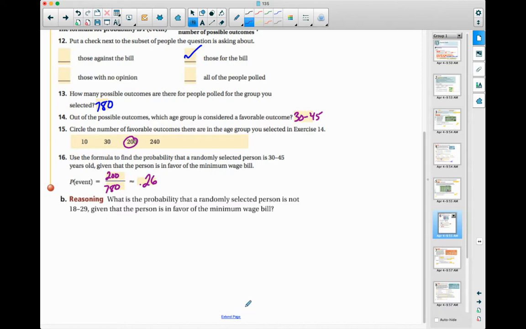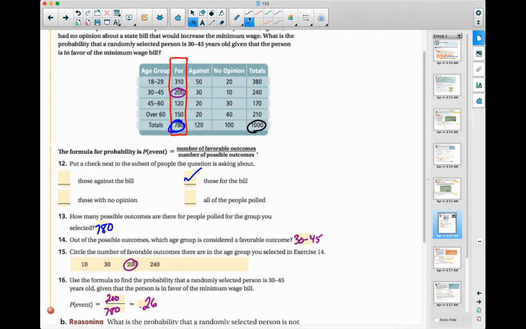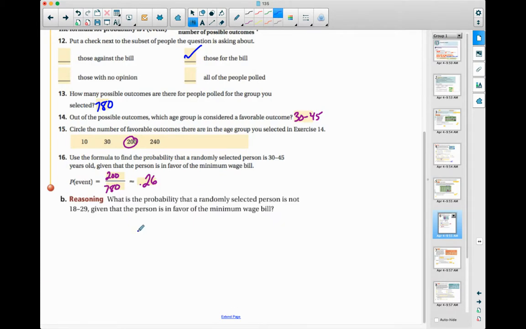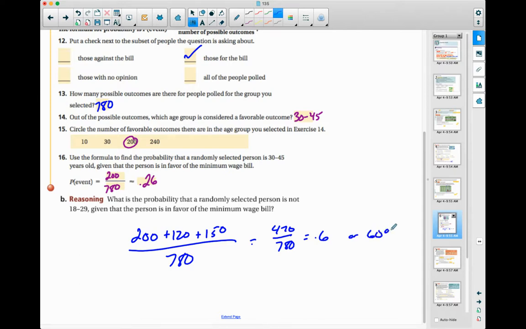So I'm looking at this whole subgroup here, and I'm not including that. So I'm going to have 200 plus the 120 plus the 150 out of the 780 total. That's 470 out of 780, which gives me about 0.6, or 60%.